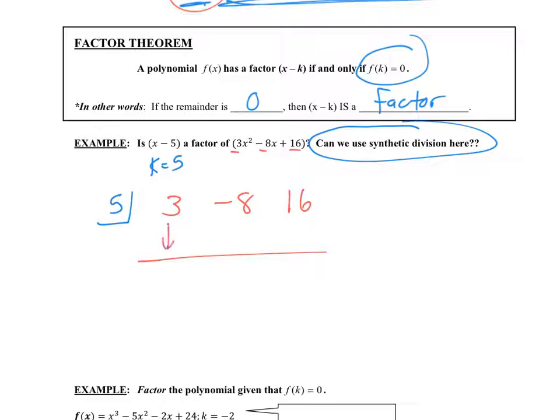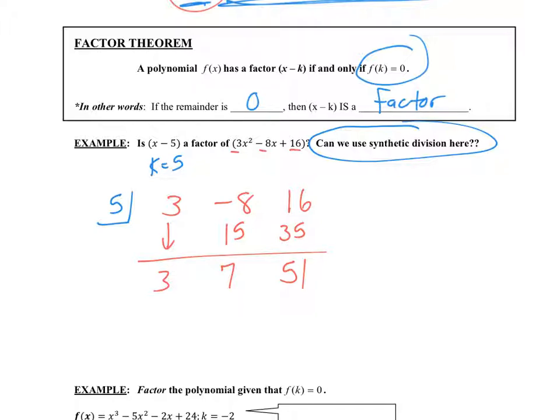Bring down your leading coefficient, which is 3, and now 3 times 5 is 15, and then we add up and we get 7. 5 times 7 is 35, and you add up those two numbers, 16 plus 35, and we get 51. So the question was, is x minus 5 a factor?